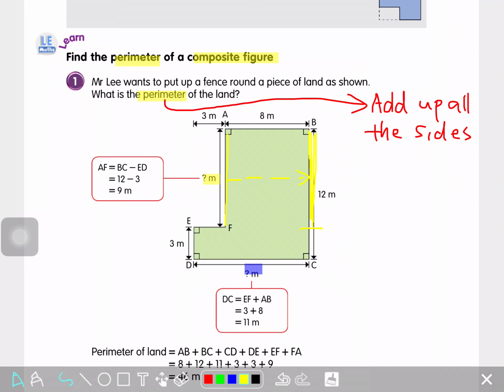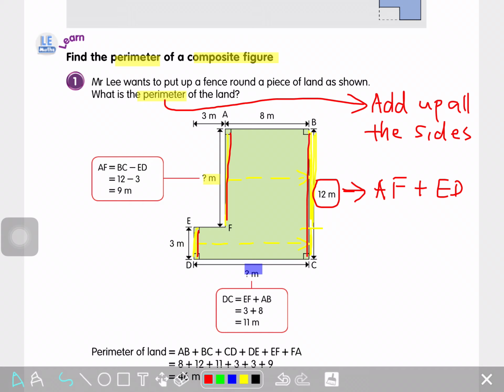And the other part below is actually the same as ED over here, because if I bring ED and match it here, it's the same length. So actually, we can say that this 12 meters of BC is equal to AF plus ED. You add up AF and ED, you get the full length of BC.